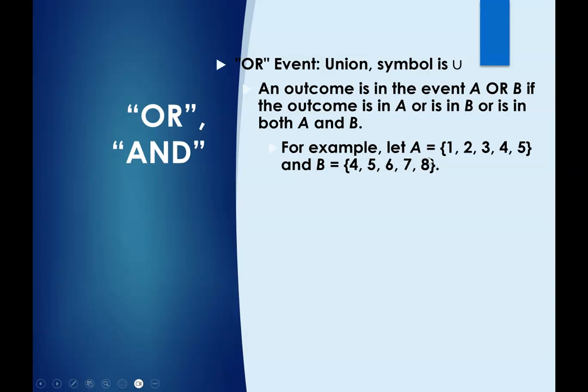So if we have A, our event A is the set with 1, 2, 3, 4, and 5, and B is a set. Remember, these braces mean set 4, 5, 6, 7, and 8.